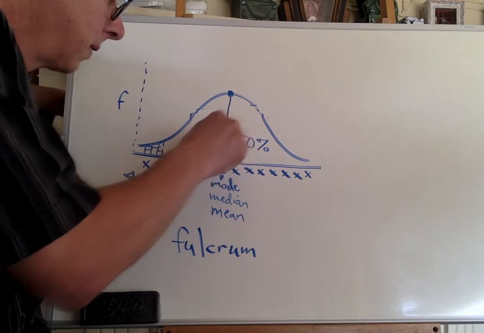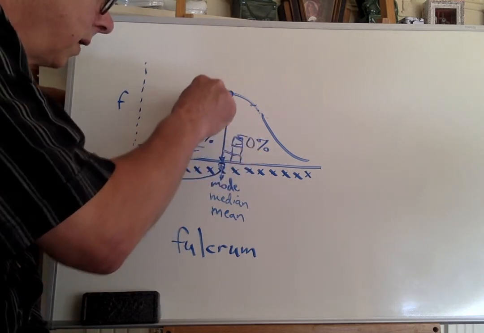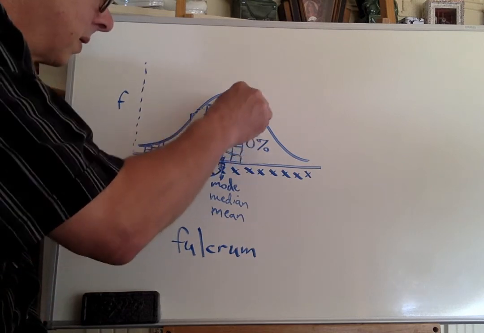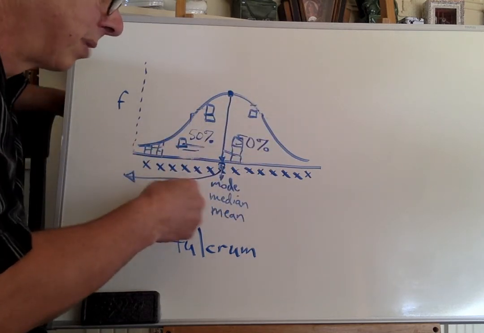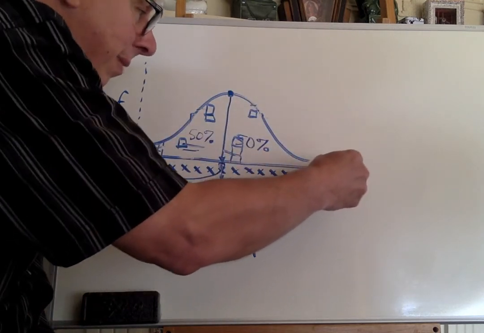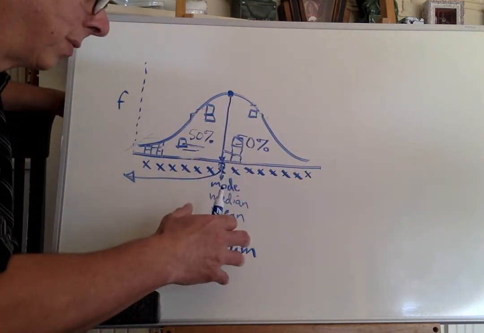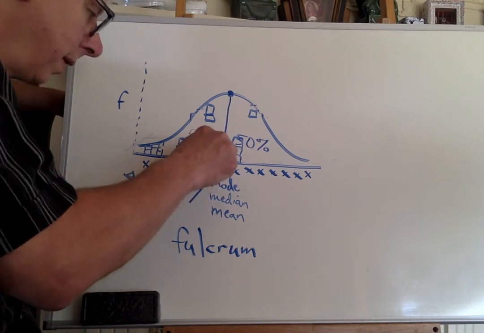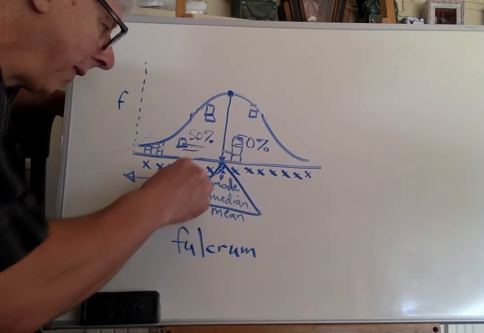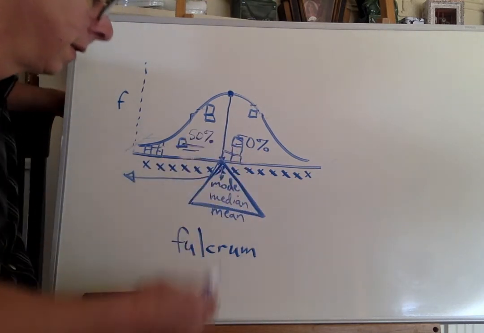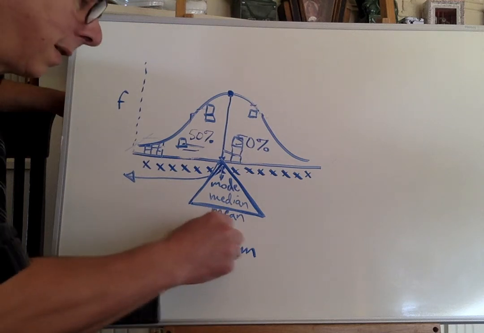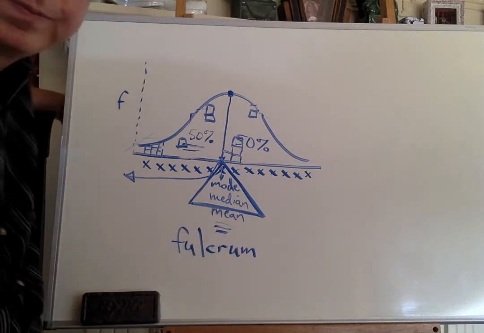All sorts of blocks. If we put all those blocks on a plank, if we made this three-dimensional and this was all actual wooden blocks, the place where it would balance is the mean. That's the fulcrum, okay?